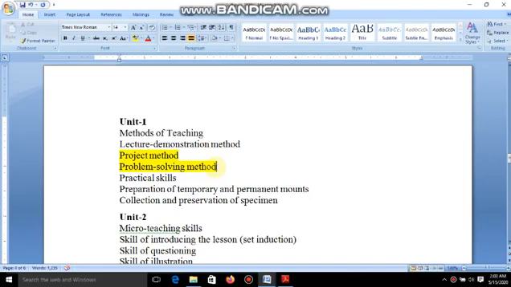So this is connected with the historical context.